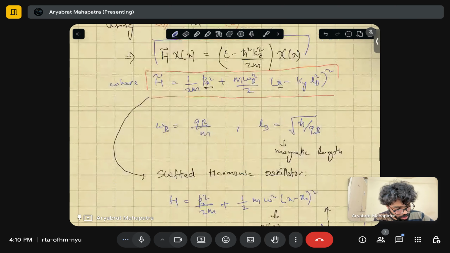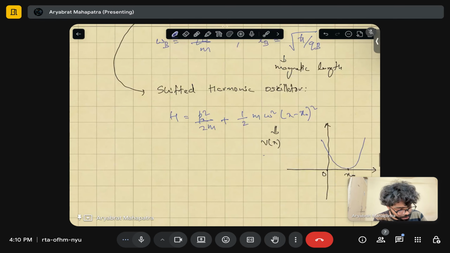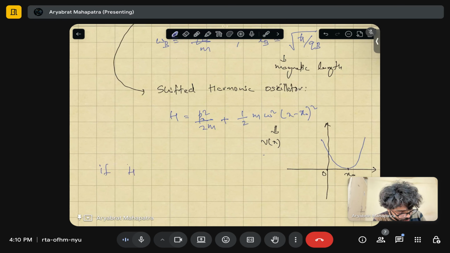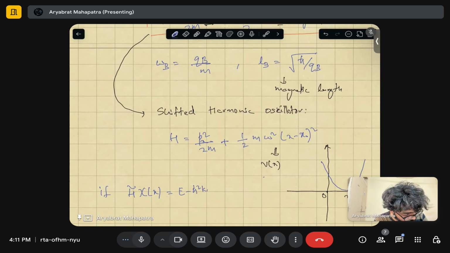Let's say h tilde chi equals e minus h bar square kz square over 2m chi.